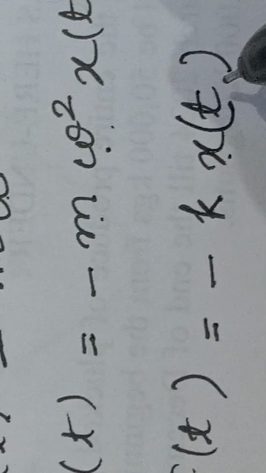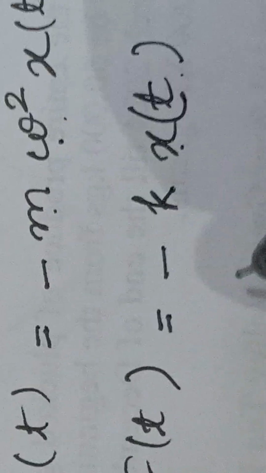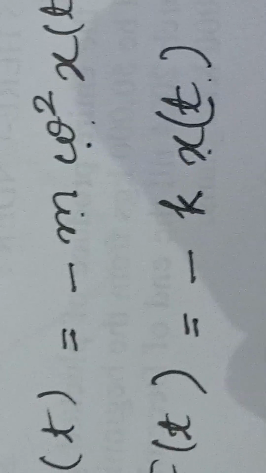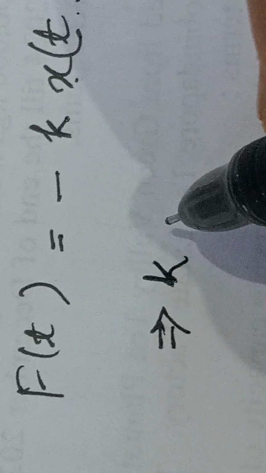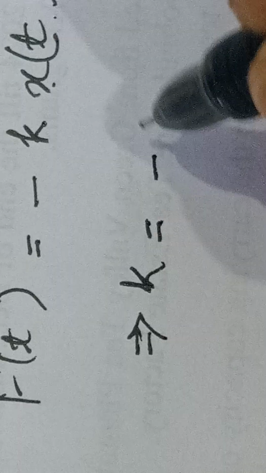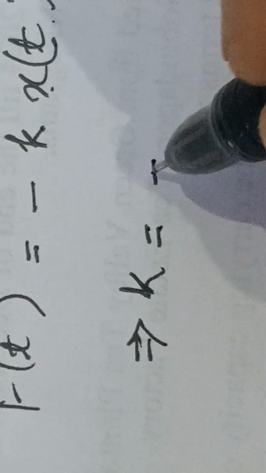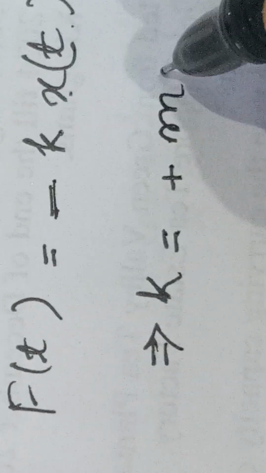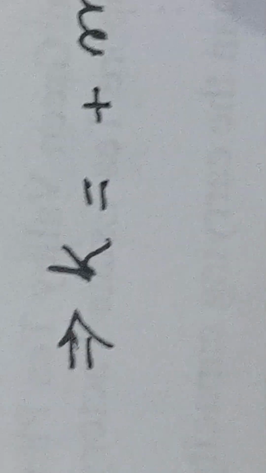Okay, displacement varying with time t. So here from this equation k becomes m omega square.